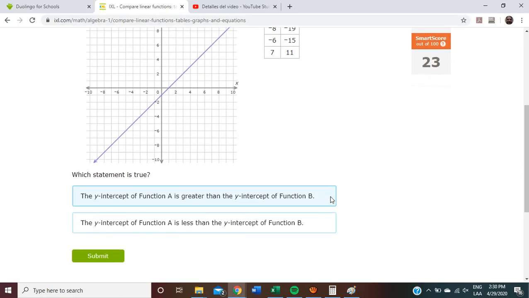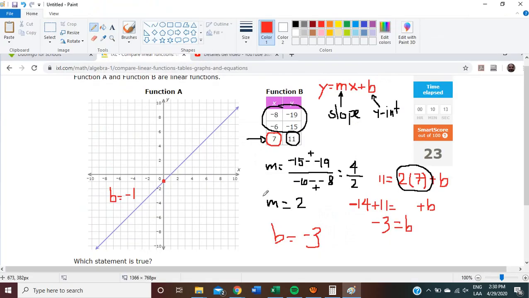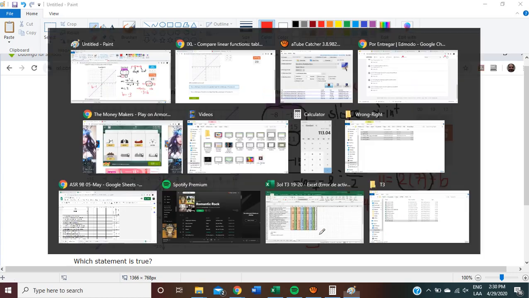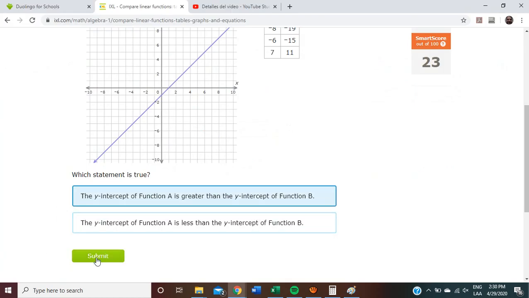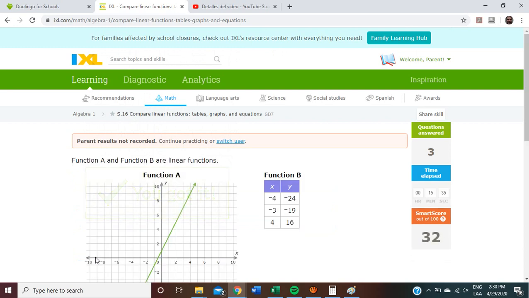Function B, -3. So the y-intercept of function A, -1, is greater than the y-intercept of function B, -3. So this is the one that is correct. We submit it and you got it.